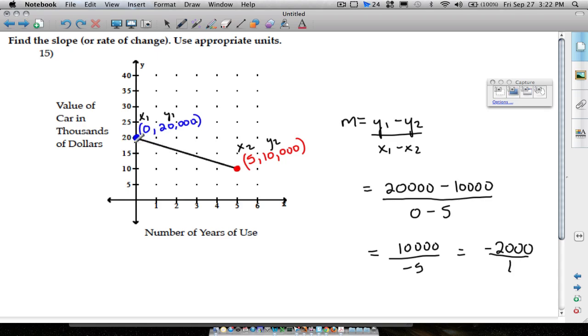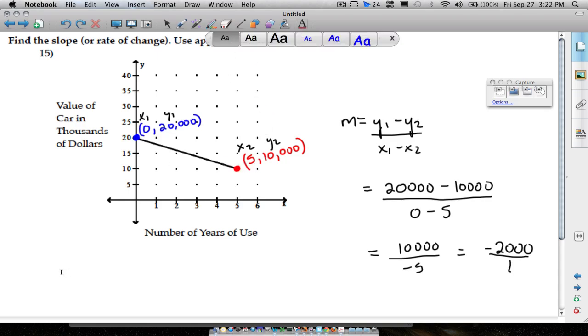Notice it is dropping because we're losing $2,000 per year. Year 2, it would drop another $2,000, putting you at 16,000. Year 3, another $2,000, putting you at 14,000. Year 4, another 2,000, which puts you at $12,000. And then year 5, we said we were down to 10 grand.